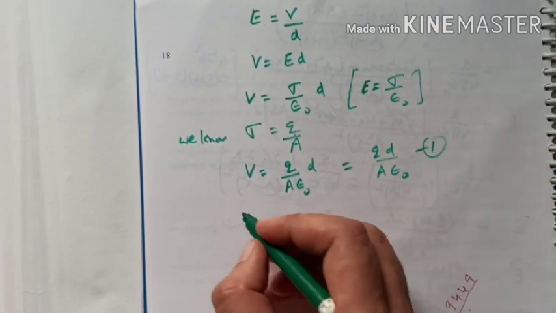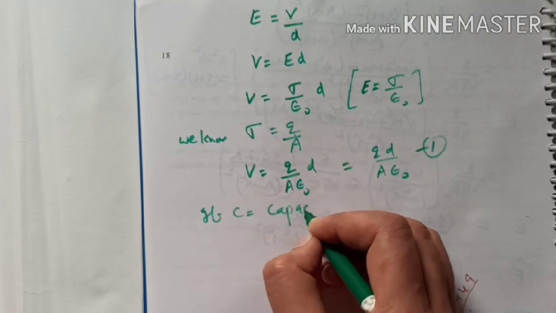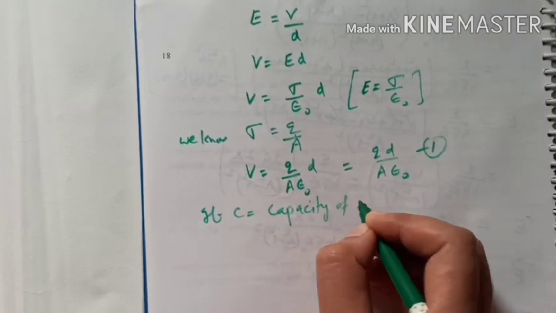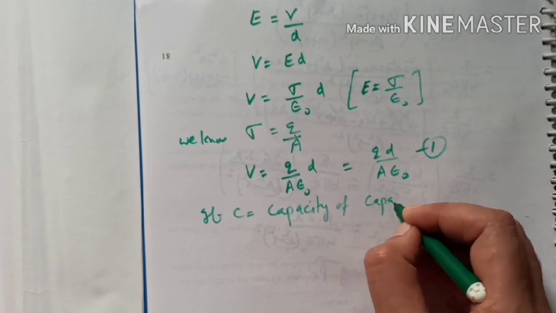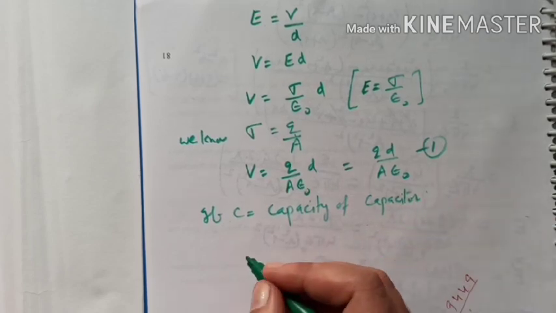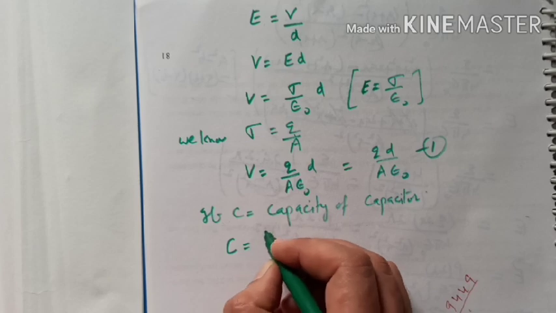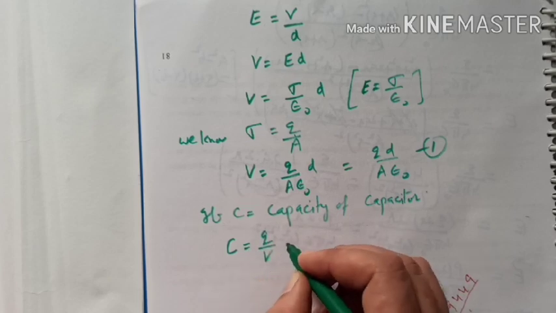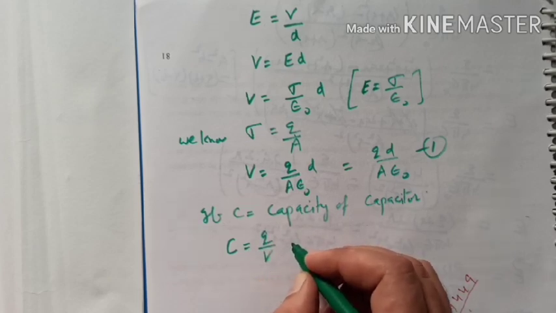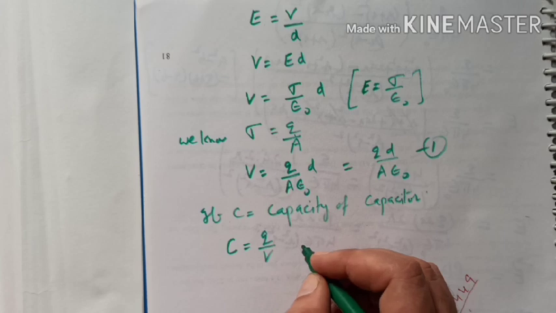We know that if C is the capacity of a parallel plate capacitor, the definition of capacitance is charge per unit potential. C is equal to Q by V, because capacity is the ability of a capacitor to store a large amount of charge.